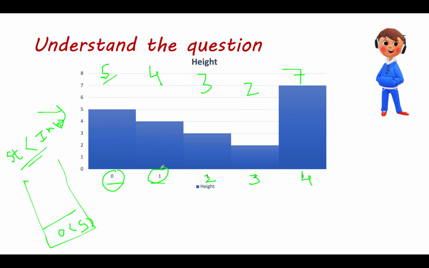Next we have index 1, and the height at index 1 is 4. 4 is lower than the topmost height of the stack. So the topmost height of the stack is 5. What we're going to do, since it's a lower value, is push this value onto the stack. So 4 gets added onto the stack at index 1.